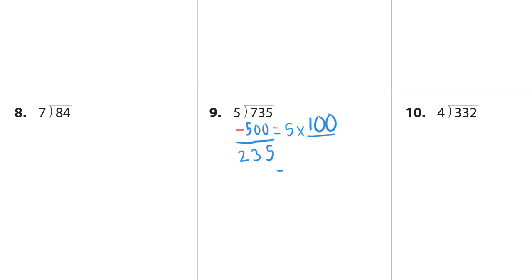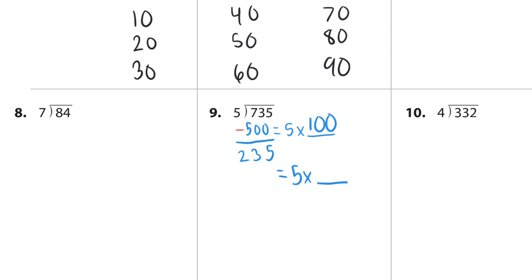So I continue, and I say 5 times what number is close to 235? Again, I think of my multiples of 10. 10 times 5 is 50. 20 times 5 is 5 times 2 is 10, and one more 0, 100. 30 times 5 is 5 times 3 is 15, and that's 150.